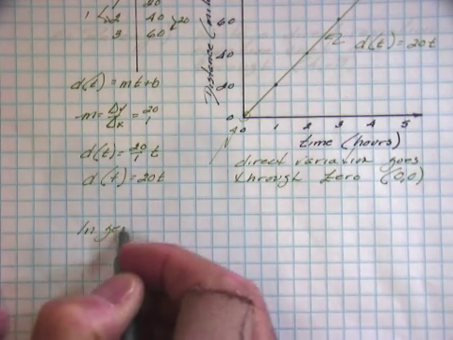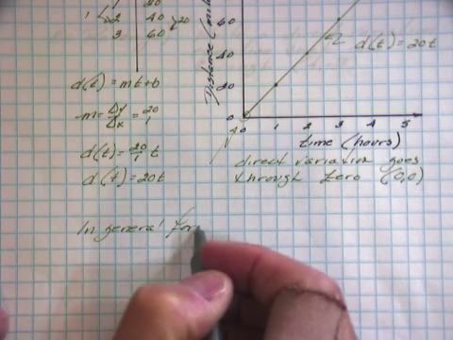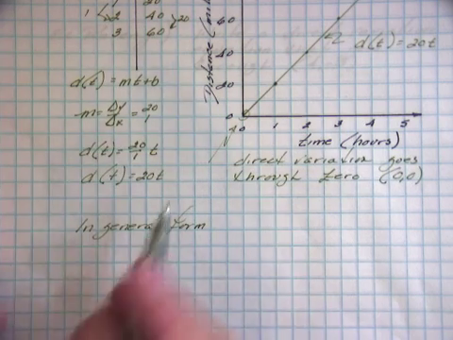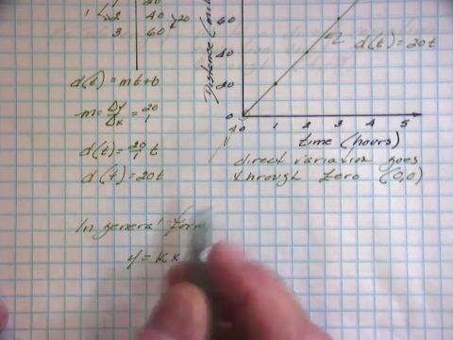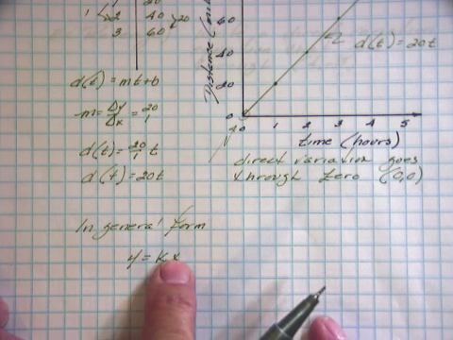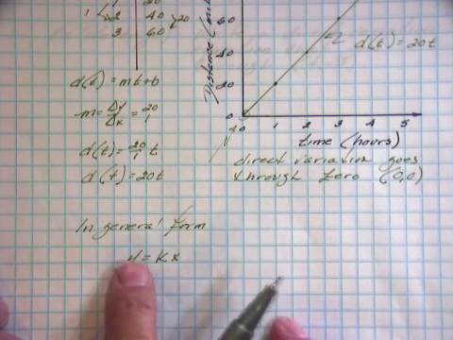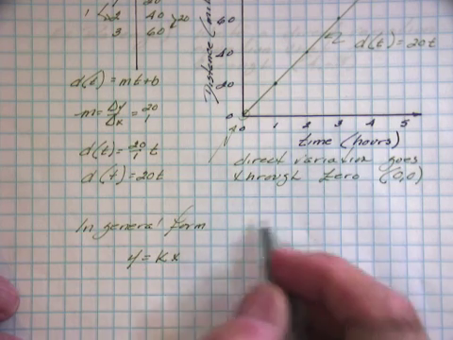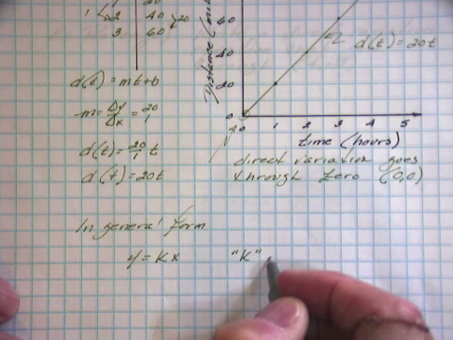In general form, a direct variation fits y equals kx. Okay? x is the input multiplied by some constant, and y is the output.